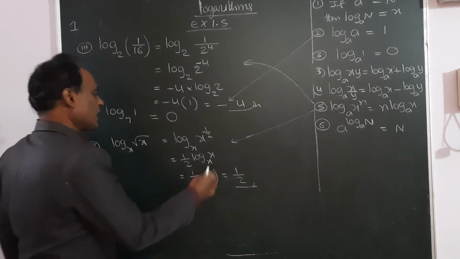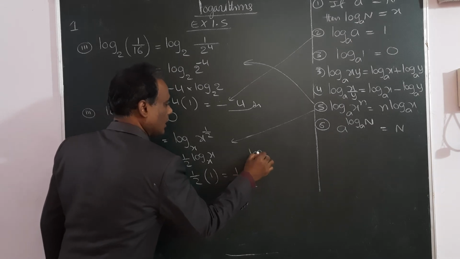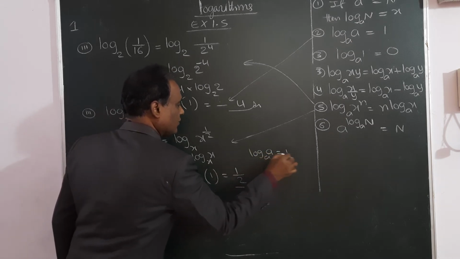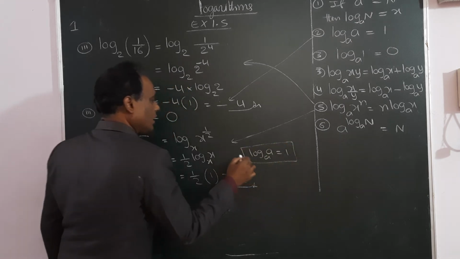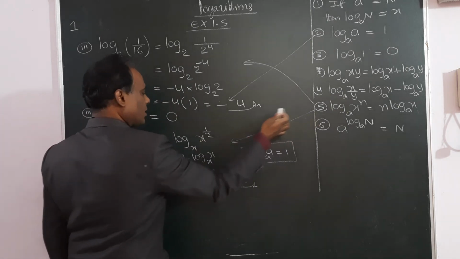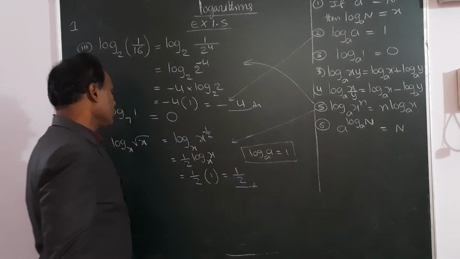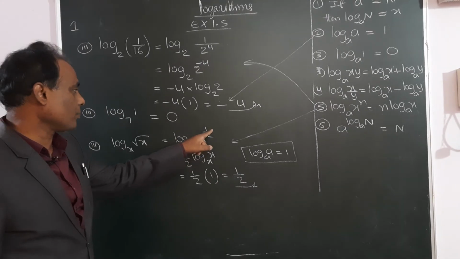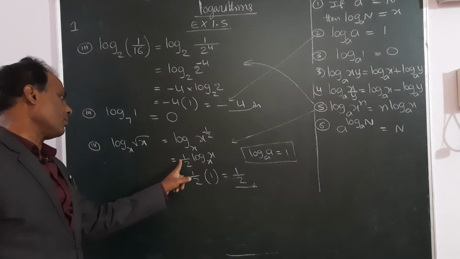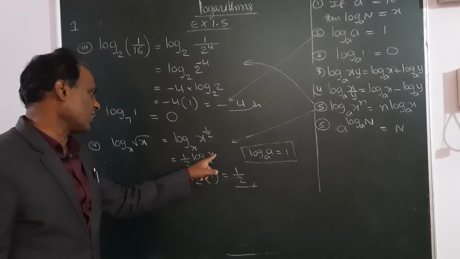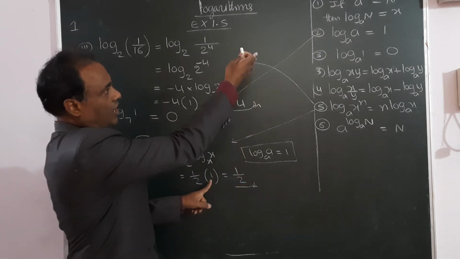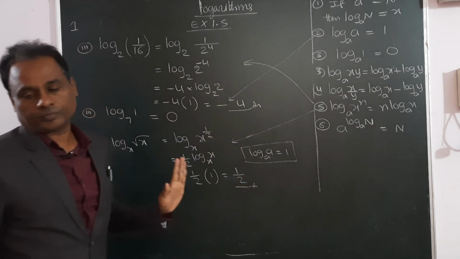So log x base x is 1. Log a base a is 1. This is the formula we studied. And here also we applied the fifth formula. You mention the formula here. So root x is x power 1 by 2. When a power is there, the power will come like this, 1 by 2 into log x base x. Log x base x is 1 as per the formula. So the answer is 1 by 2.